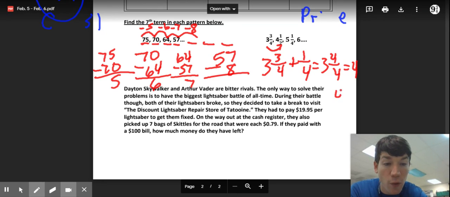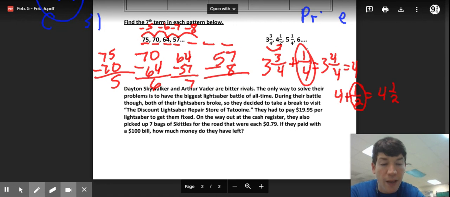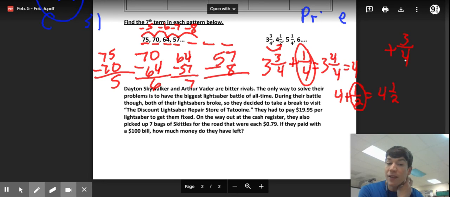So if I took 4 plus a half, that would give me 4 1/2. So in total, I added a fourth and a half to that number. And a fourth plus a half is the same as adding 3/4. So basically what I did from 3 3/4 to 4 1/2 was add 3/4.